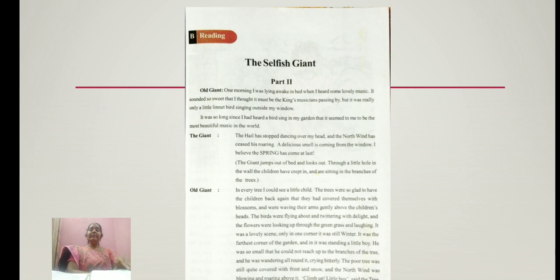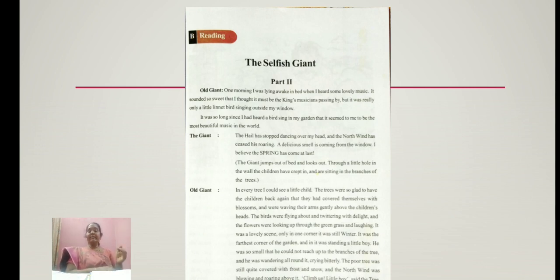Okay, here the giant was very selfish. And one more thing we have to notice here is the giant is there and the old giant is there, no? So the two are referred to the same character here. The giant and the old giant refer to the same character, but we should notice that the old giant is a selfish character, the giant is a kind character.